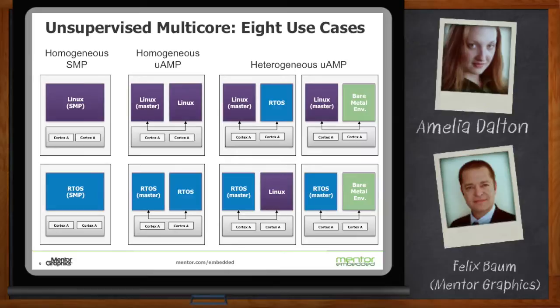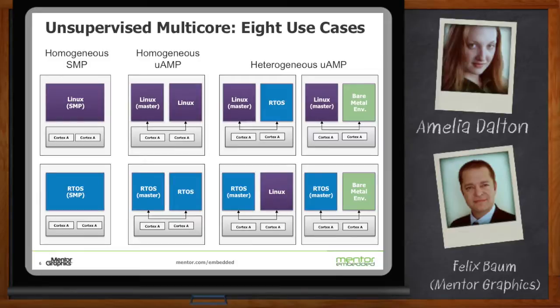If you simplify this environment and just take two cores for simplicity, you can run one operating system on both cores, whether it's Linux or a real-time operating system. Or you can mix and match just to make your life more interesting, where you can have two instances of Linux running side by side, or mix it up and have a Linux and a real-time OS running side by side. Again, it all depends on what you're trying to build, and that will dictate which operating system to use and where and how you want to deploy it.